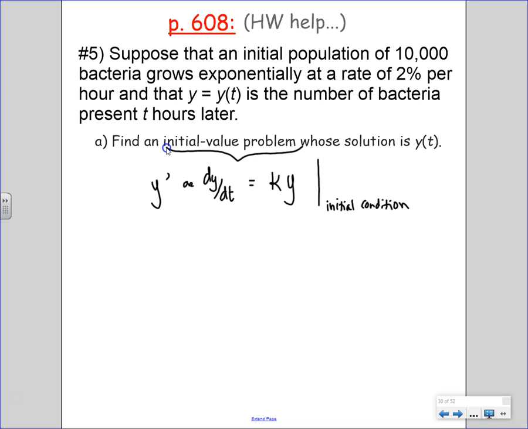Making an initial value problem means they're saying, give us a problem that if you solve it, you will get y of t with the c plugged in.